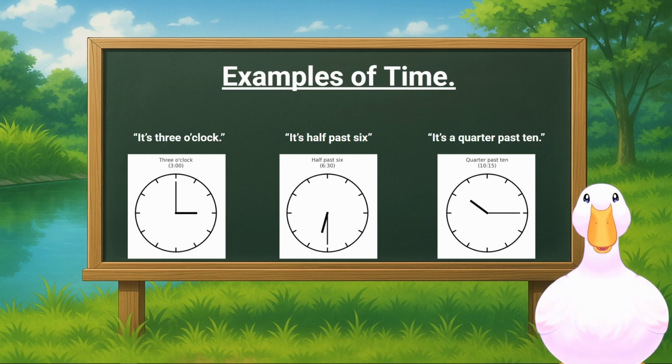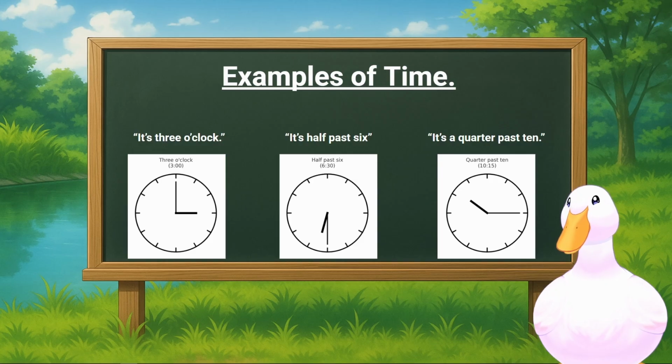Here are some examples of time on an analog clock. Here is 3 o'clock, with the small hand facing the hour and the large hand facing the minutes.